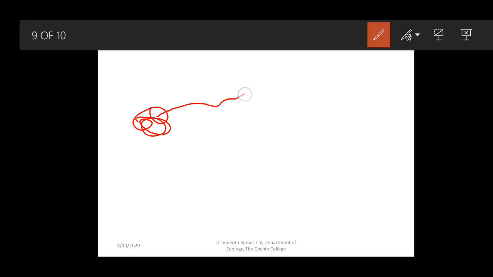Now this will be added by a chain of protein which is called polyubiquitin. Many ubiquitin proteins will be added. These are single ubiquitin proteins, and that is what is called polyubiquitination.